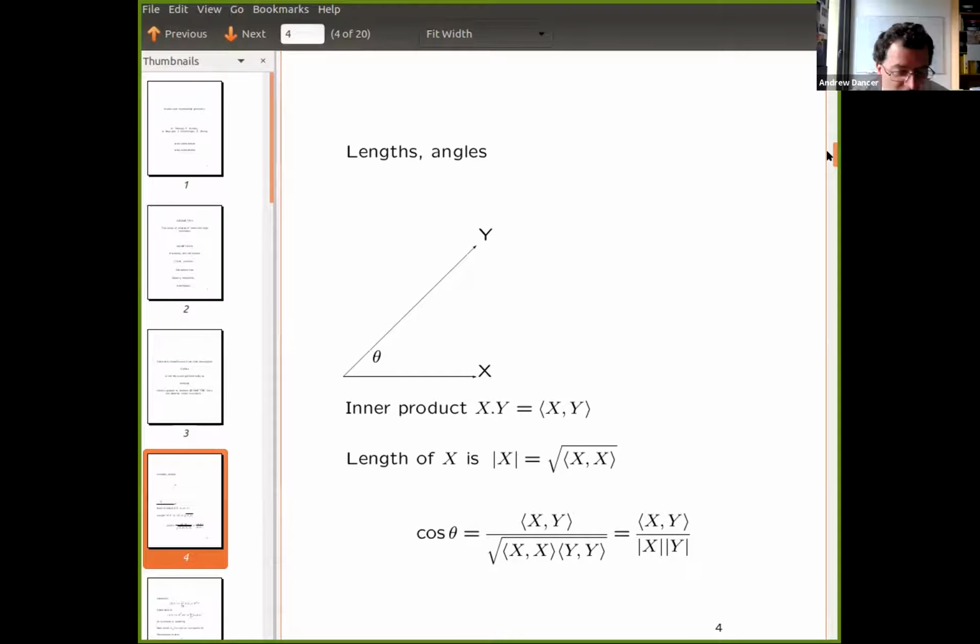Because the length of the vector is just given by the positive square root of the inner product of x with itself. And of course, that means we can talk about the angles, because, thinking back to high school, we have this elementary formula relating the cosine of the angle to the inner products.